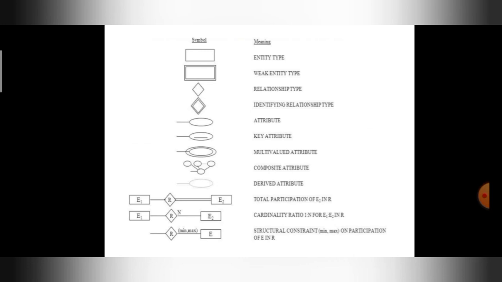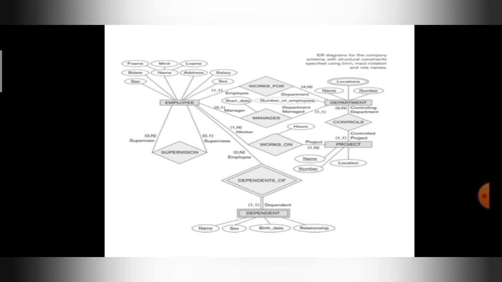Next, identifying relationship type. This is a double rhombus. Remember one thing, an identifying relationship will always be used with a weak entity. You can see the dependents of relationship with dependent is an identifying relationship. So an identifying relationship is always used with a weak entity.